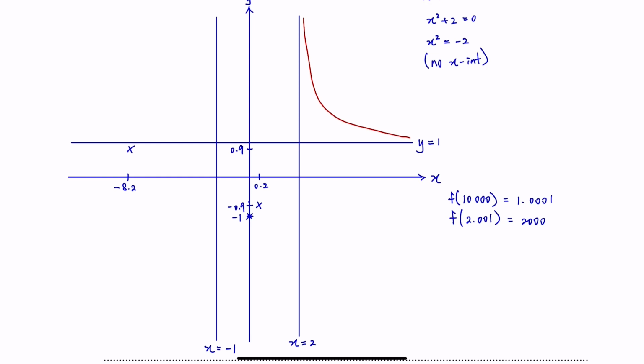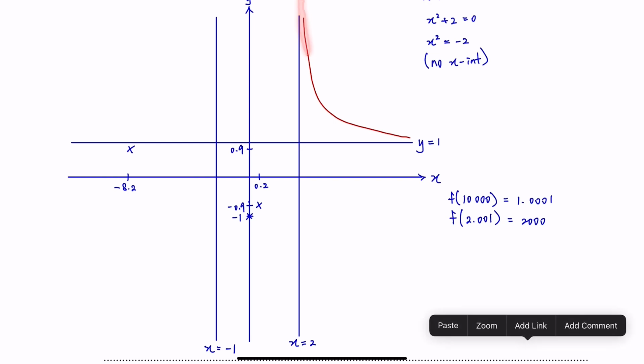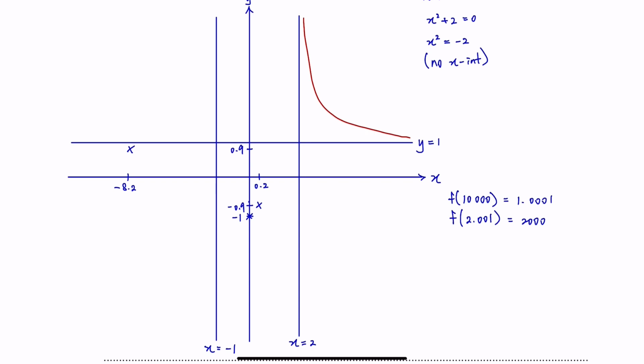When x is near 2, it's a large number, so it's towards infinity for y. And let's find for x before the asymptote. Because this is after the asymptote, now we find before the asymptote.